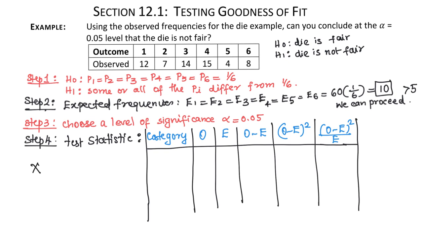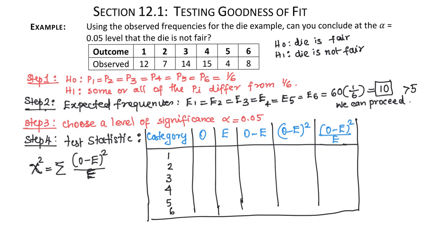Step 4, compute the test statistic. So the test statistic chi-square equals sigma (O minus E) square divided by E. So the categories are 1, 2, 3, 4, 5, 6. And the observed frequencies are 12, 7, 14, 15, 4 and 8.